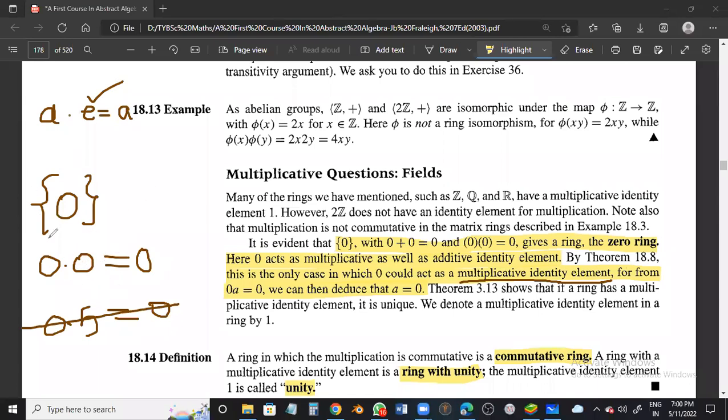Only in this case, nowhere else. Is it okay? So 0 is the multiplicative identity. Got me? Yes, ma'am. Okay. So for today, I would like to stop with this concept. I suppose you have got what is meant by a zero ring. Is there any question?